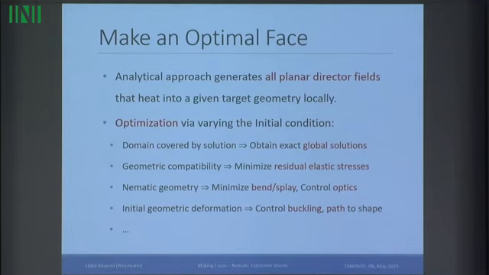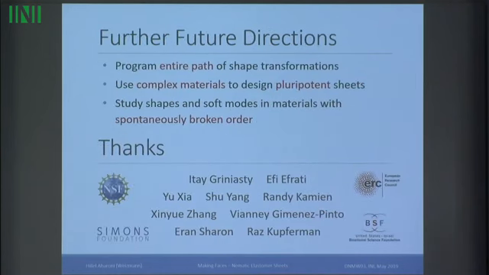I can minimize the residual bending energy, or the residual bending cost, or get my twist field to better mimic the target curvature. I can also minimize the bend or the splay of the sheets that I end up with. I can control the optical behavior, control the initial buckling, and so on. I can optimize over certain things as I now have a way to browse through all the solutions to the inverse problem. And with this, I'll end because I'm out of time.